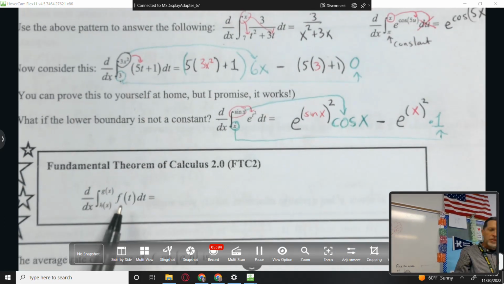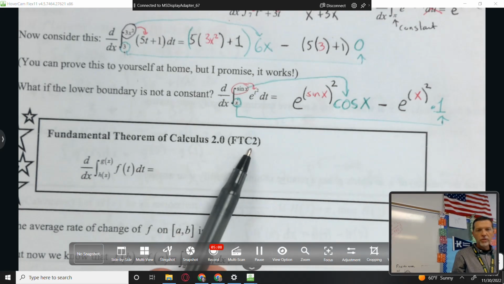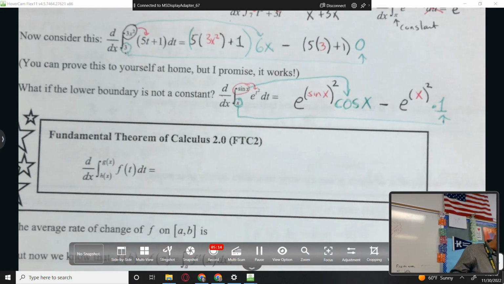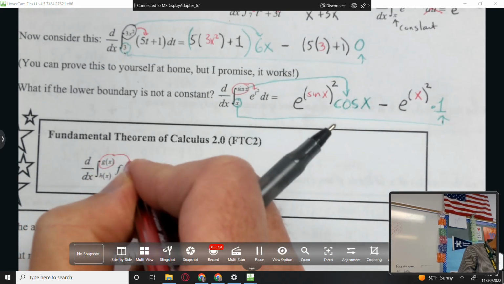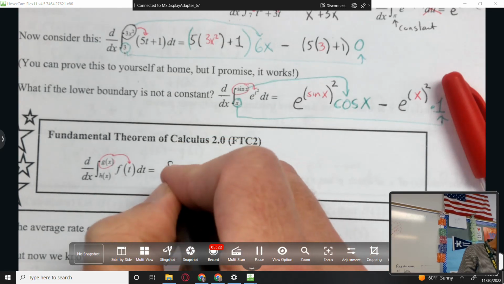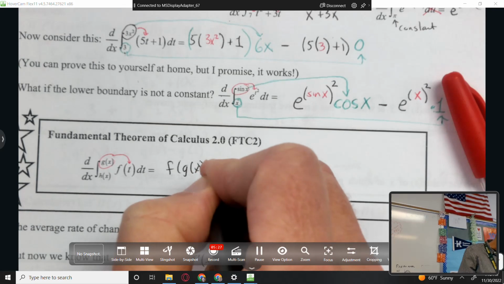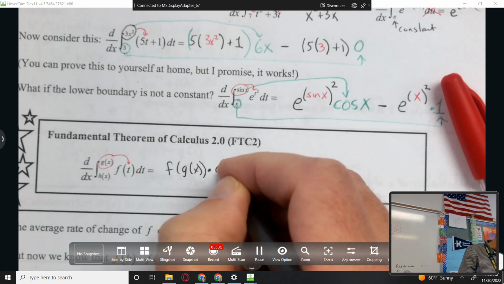Okay, so here's the big fancy way to say fundamental theorem of calculus part 2. They're both the fundamental theorem of calculus. Part 1 we already did. This is part 2. Derivative of the integral cancels each other out. Plug in the top one. So that would be f of g of x times the chain rule, so times g prime.